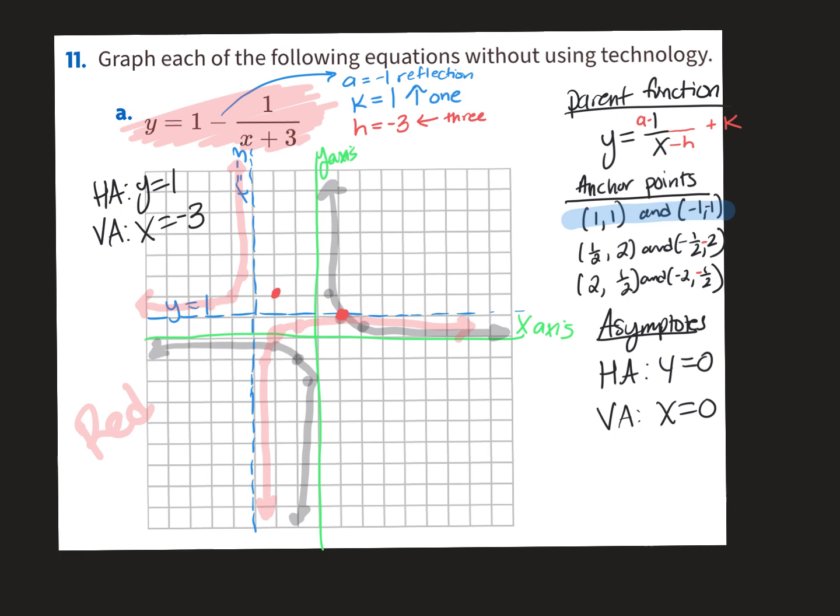But that's not my point. My point has to be reflected on the x-axis. So I'm going to reflect it to this point right here. And then I'm going to go 2 away from the asymptote at the halfway point, and then plot that point. And then in the same manner, 2 away from the asymptote at the halfway mark, and then graph this.